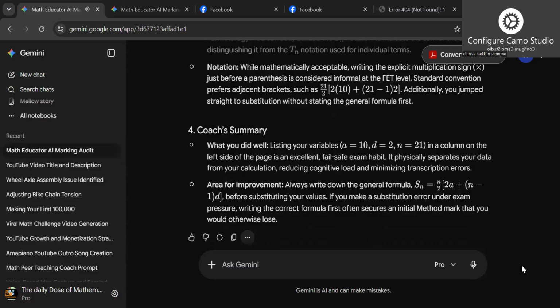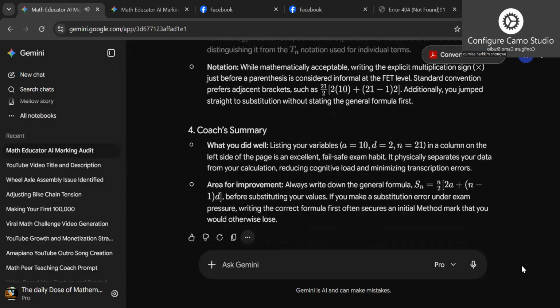2. Corrective feedback. Your calculation is perfectly executed. The substitution is accurate, and the arithmetic leading to the final sum of 630 is flawless. There are no logical flaws to address here, and you correctly processed the order of operations inside the parentheses. 3. CAPS and formal notation compliance. Terminology. You correctly utilized the S_n notation to indicate the sum of the series, distinguishing it from the T_n notation used for individual terms.